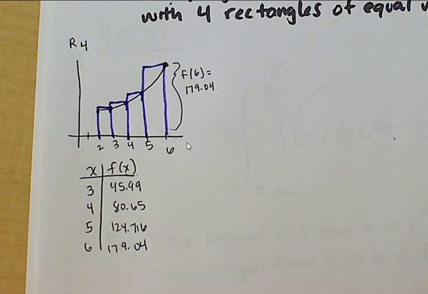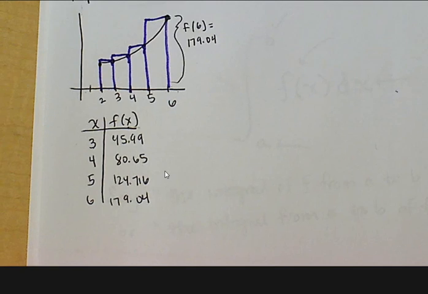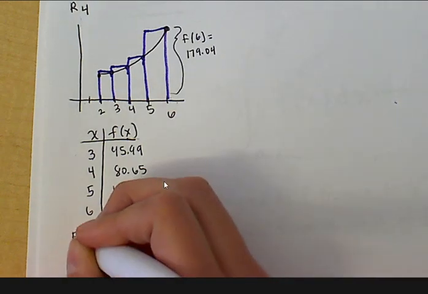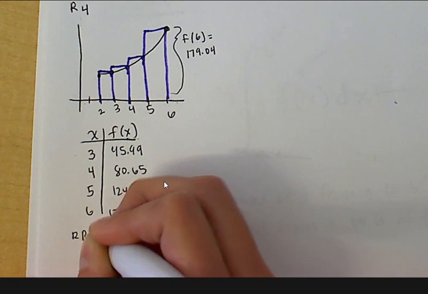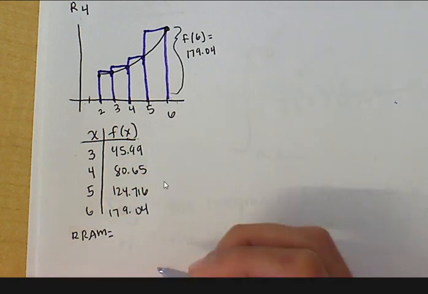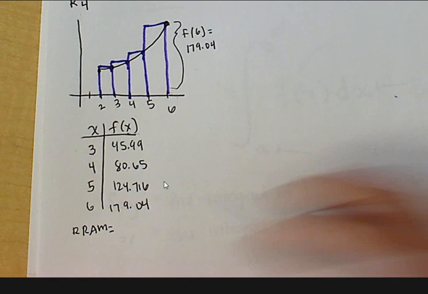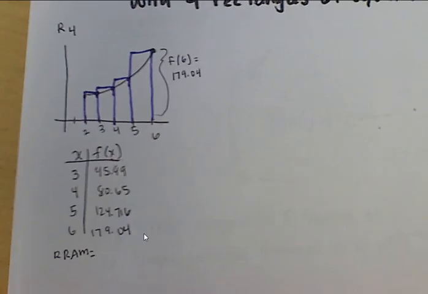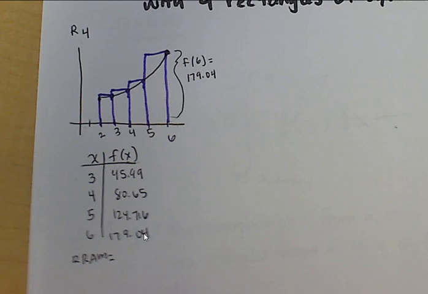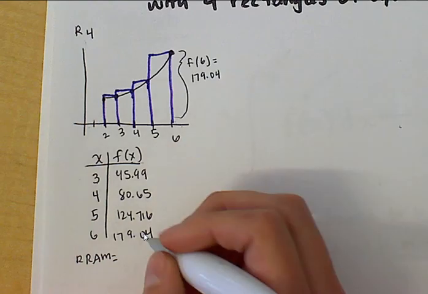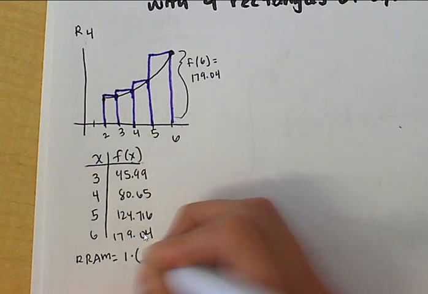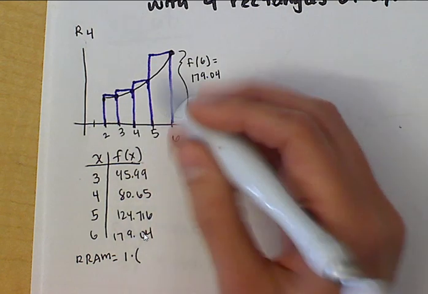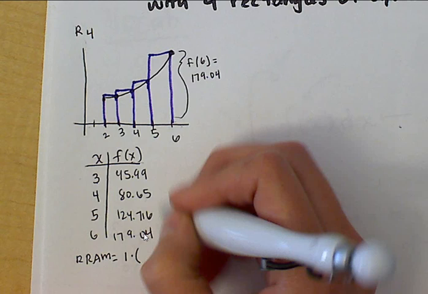Okay. So to calculate my area, my RAM is going to equal my change in x, which is 1, times the sum of all my heights, so the width times all my sums, which my heights are right here.